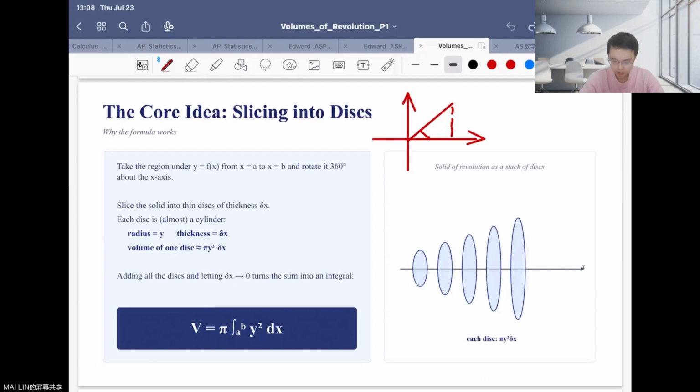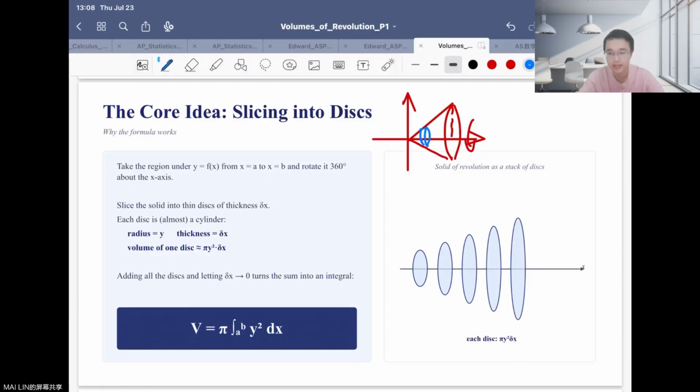So now if you rotate it 360 degrees and it turns into a cone, like here, how do we calculate the volume? Maybe this can be considered a very difficult question. Here, you can first extract a very, very small cylinder.